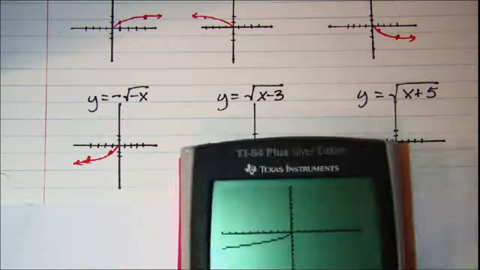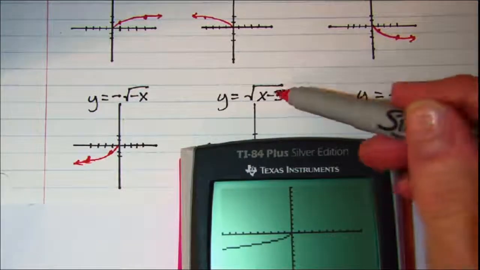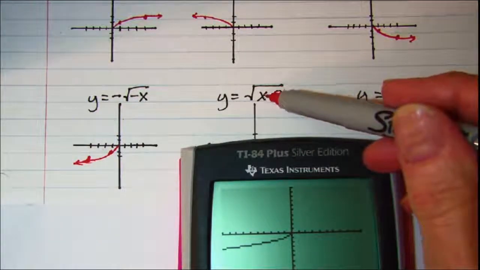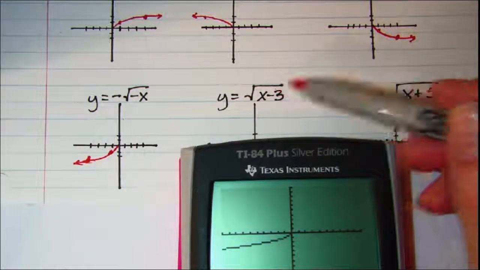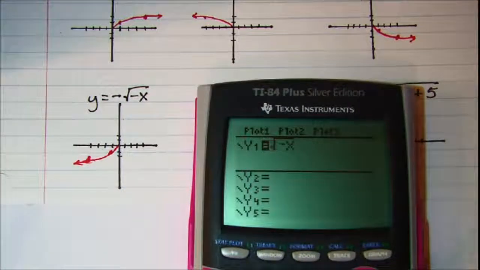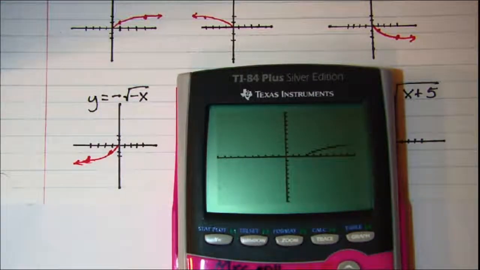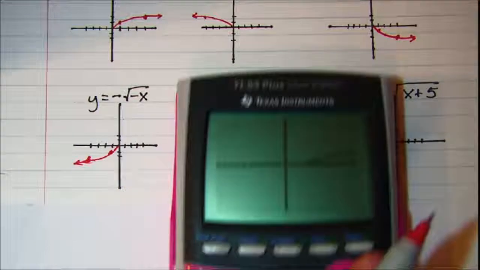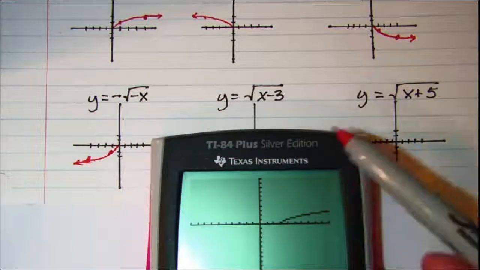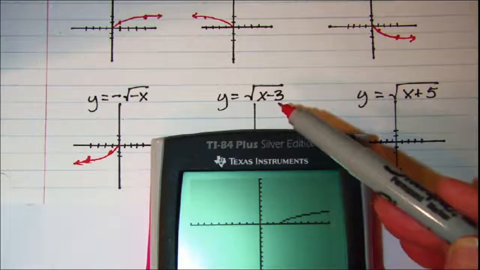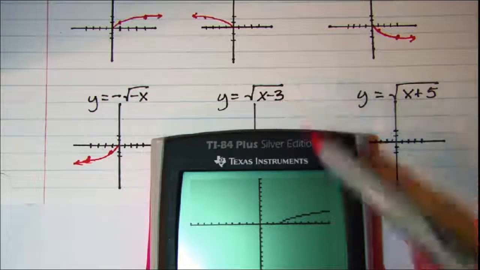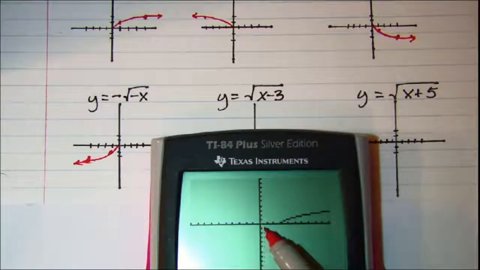Let's look at what happens when I subtract 3 from the x and it's inside the radical. On this one, when I subtract 3 from the x, so -3 moves my graph right 3 units.